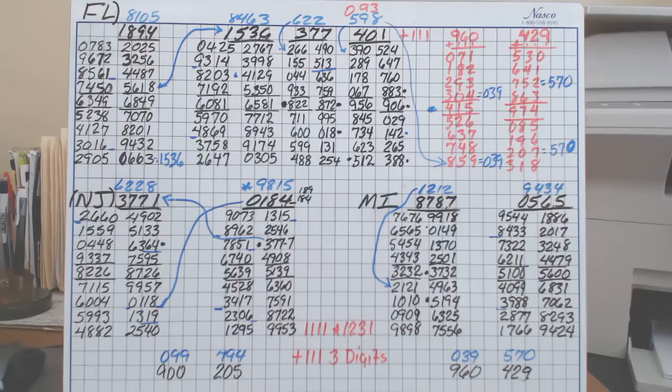You must trust your rundowns. Now, the numbers in blues we're going to work with as properties of 9. If I subtract 9999 from 1894, it gives me 8105, which were part of an indicator for the 1536.